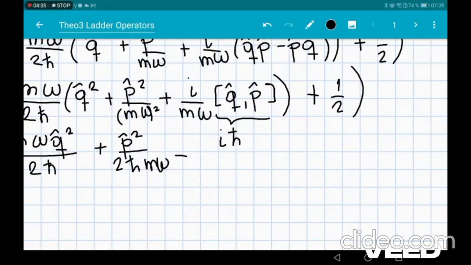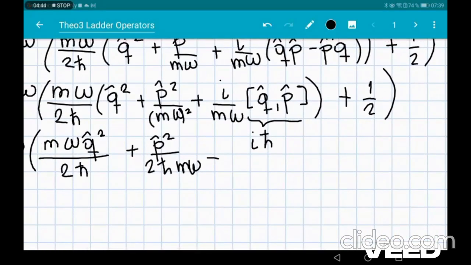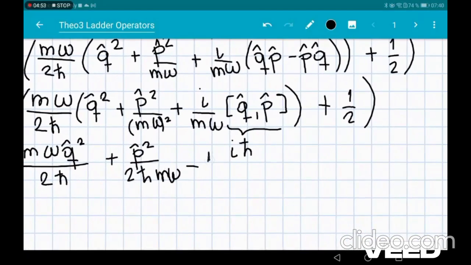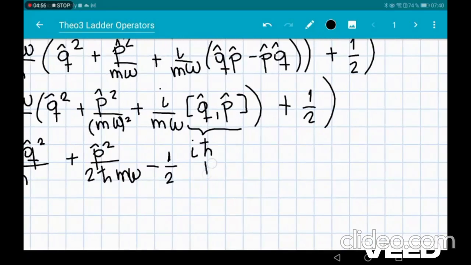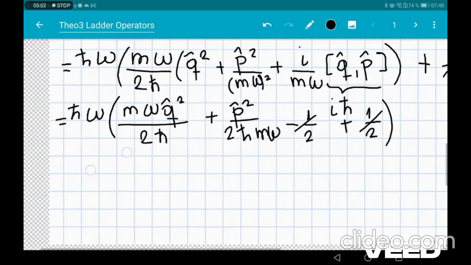And then we have minus h bar over omega m omega squared, and that's going to cancel the h bar omega in front of the brackets, so we just have minus 1/2, and then we have plus 1/2. The minus and plus 1/2 are going to cancel each other.